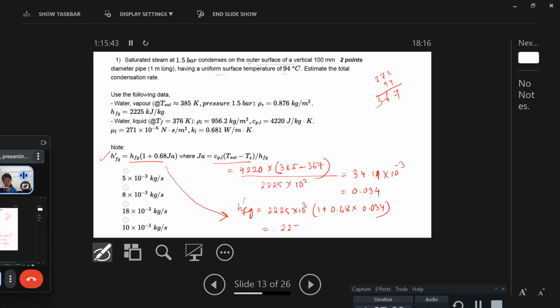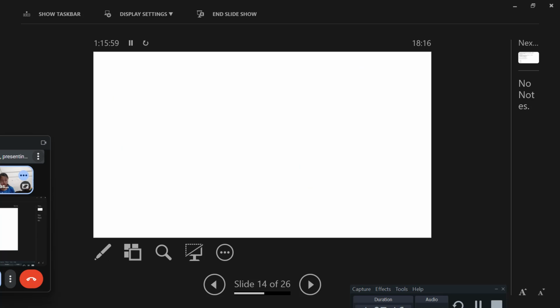So 2276.4 into 10 cube, or we can write as 2.3 into 10 to the power 6 joule per kg. Okay, so we have to calculate the m dot. For that we require q, and q we get from heat transfer coefficient. And the formula for heat transfer coefficient is given.